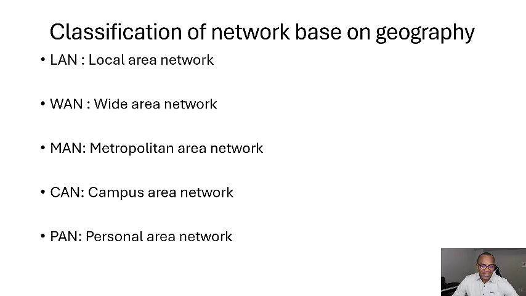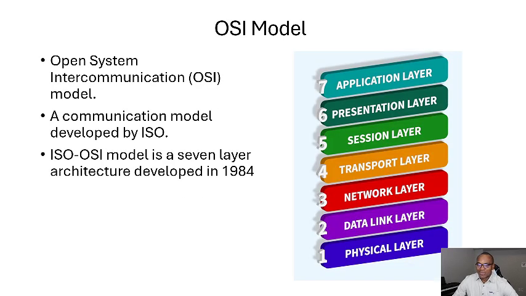All right, so let's look at our OSI model. OSI is the Open Systems Interconnection model. It's a communication model that was developed by the International Organization for Standardization in 1984, and it's a conceptual framework that helps lay out how computer networking protocols should work with each other.